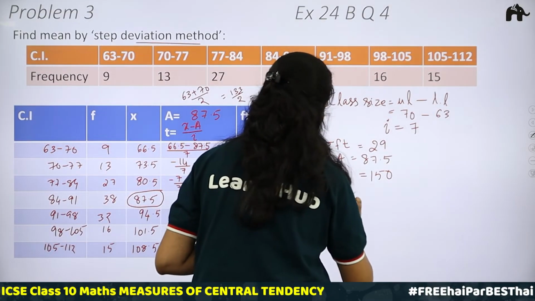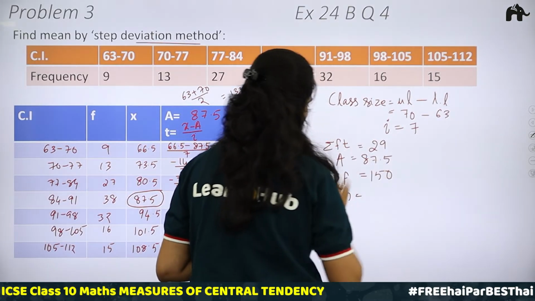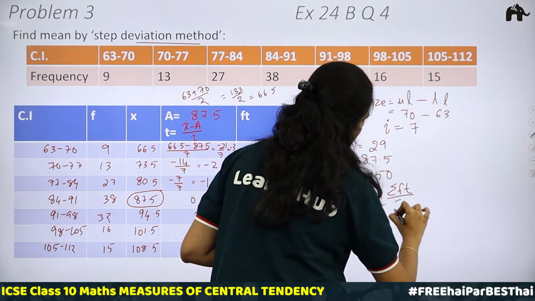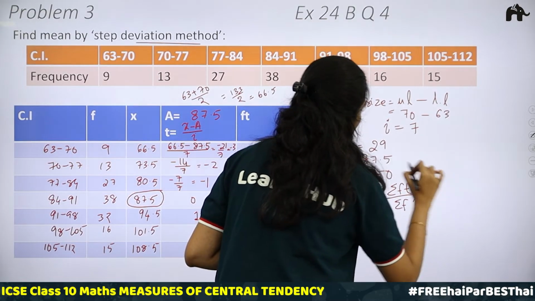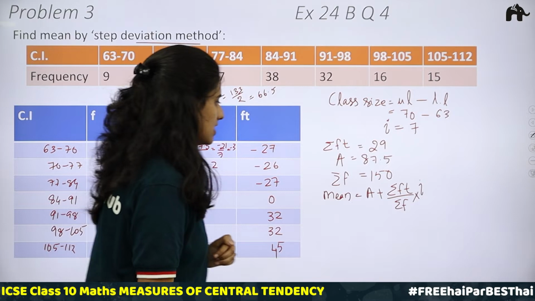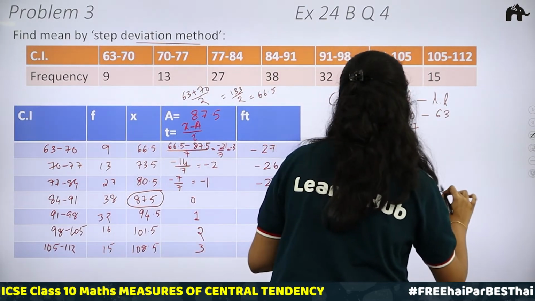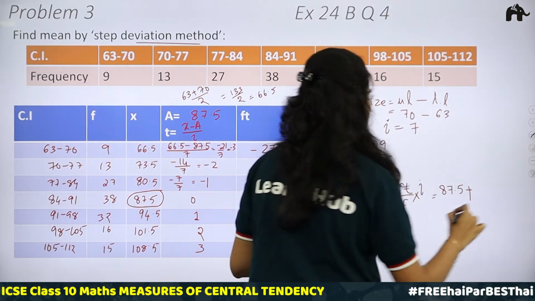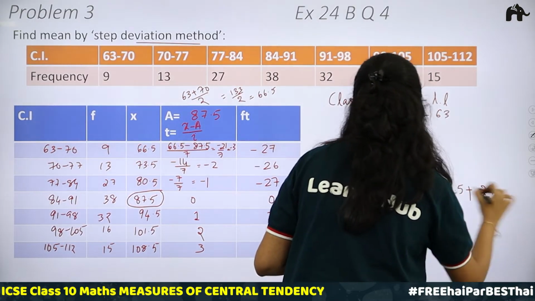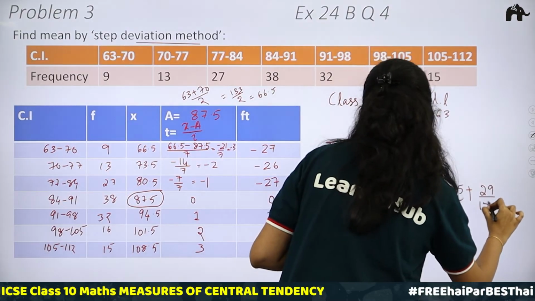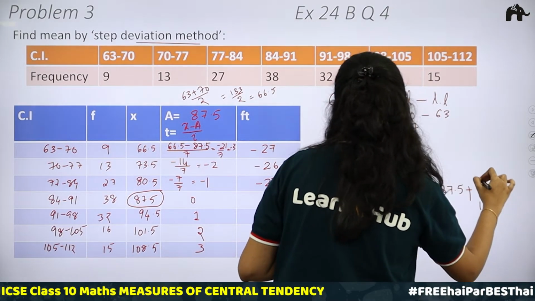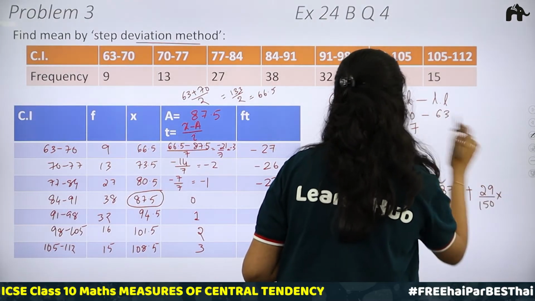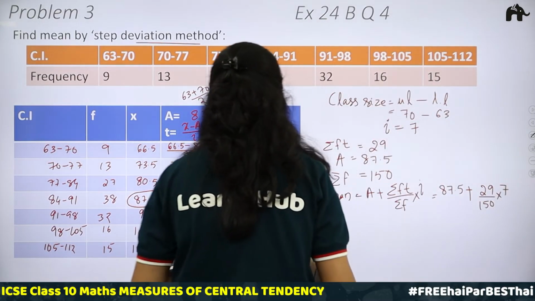Now, we have mean is equal to a plus summation ft divided by summation f into i. Here i is the class size. Put the values. a, here it is 87.5 plus summation ft is 29 divided by summation f is 150 into i value. i value is 7.